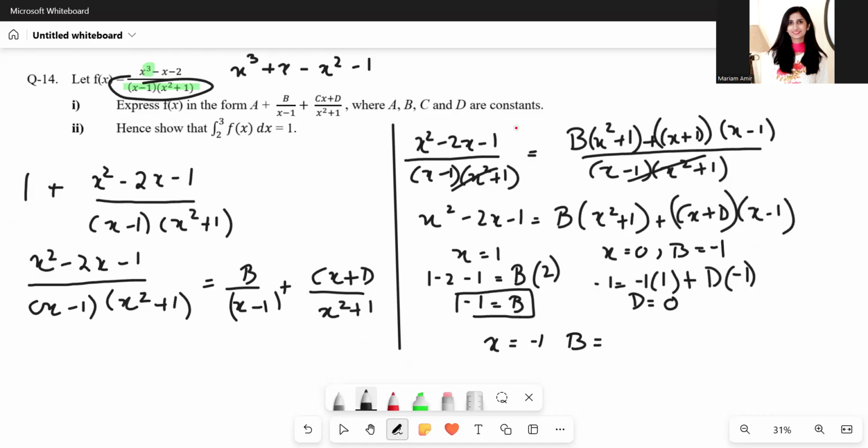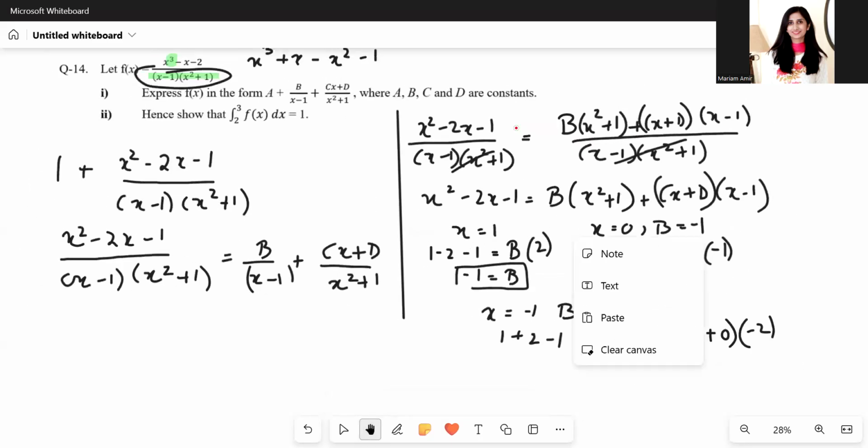And we already know B is negative 1 and D is 0, and we can use these to find the value of C. Okay, so this will become 1 plus 2, then minus 1, equals negative 1, and inside we get 1 plus 1, 2, plus we get Cx, so that will be negative C, plus D is 0, times negative 1, which is negative 2.